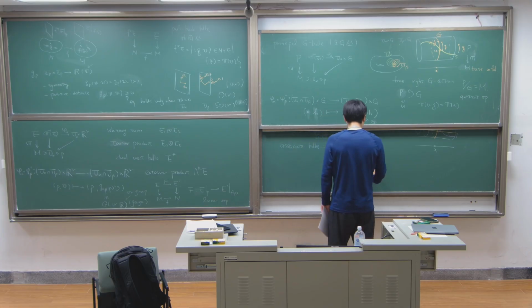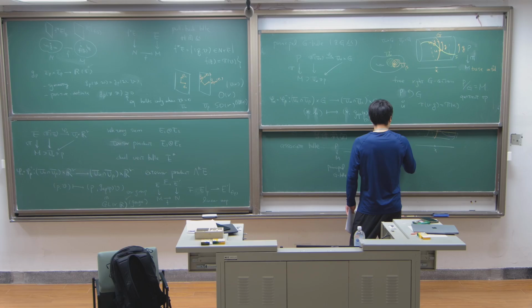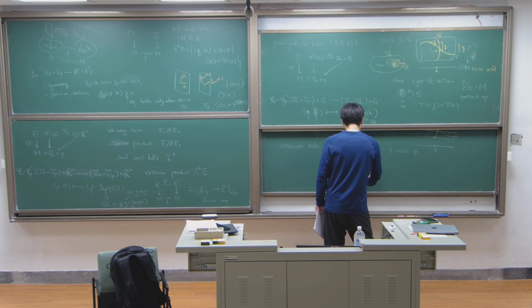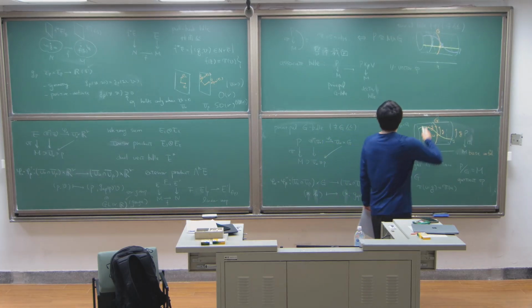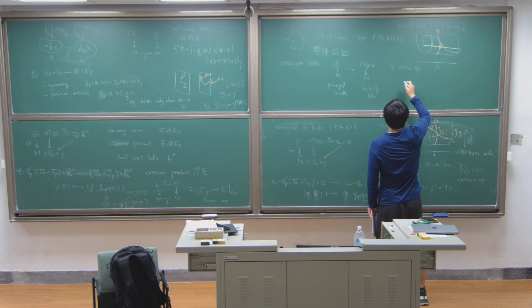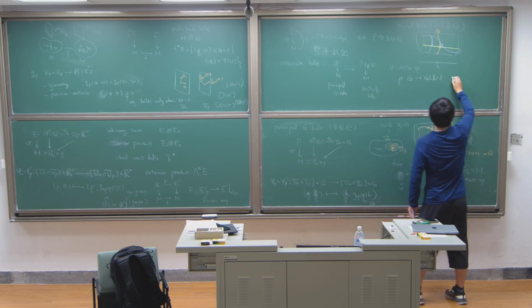This is the vector bundle. So V is a vector space. And this rho here is called a representation of G.